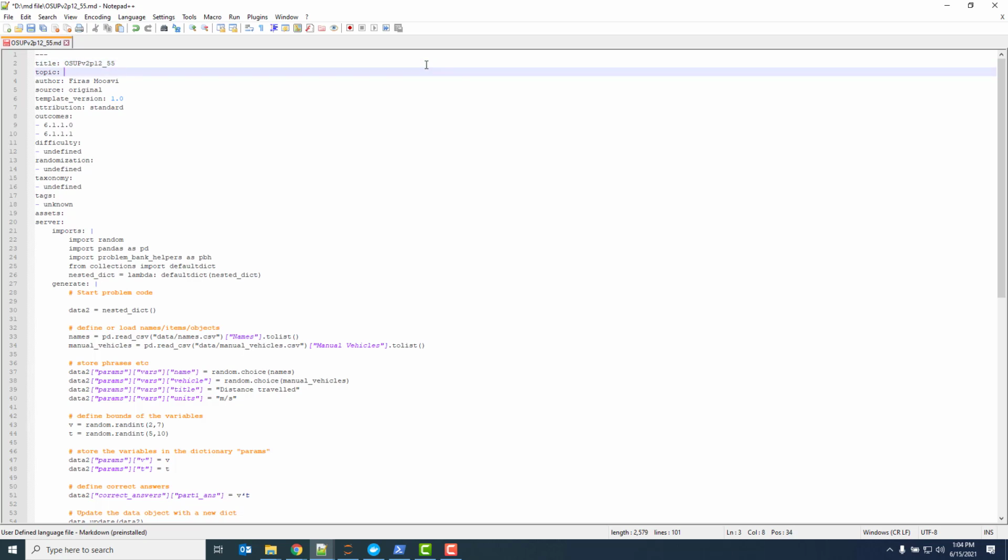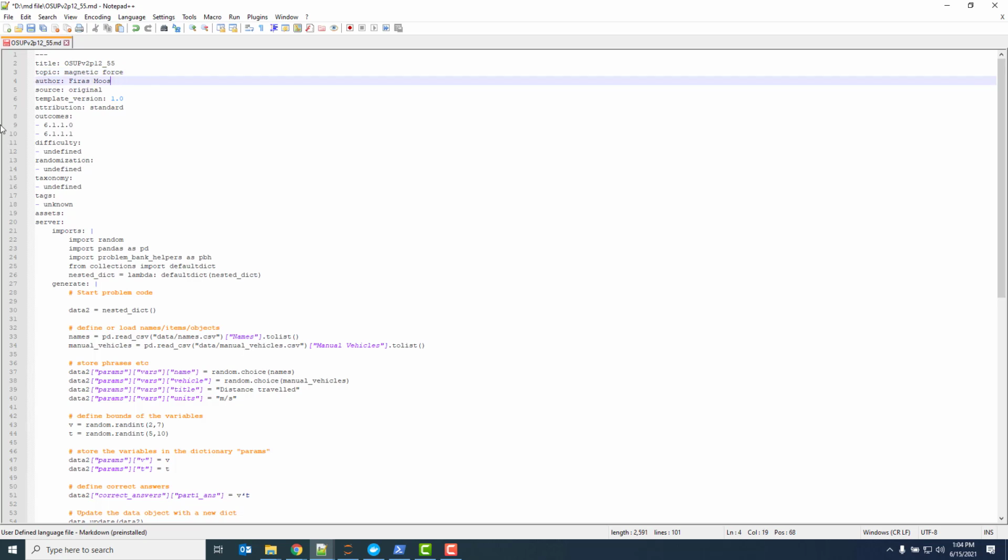The topic, so this was the magnetic force on an electron inside a solenoid, and so that's what I'll put as the topic. Okay, and then author, I'll put my name.